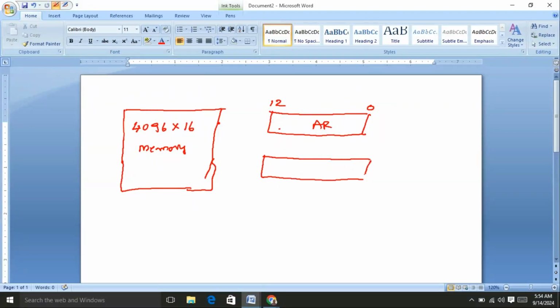Suppose we fetch the data, we keep it in the data register. This capacity is 16 bits. Or we fetch the instructions, we keep it in the instruction register, 0 to 15. Here also I write 0 to 11, total 12 bits. Right? This is the instruction register.